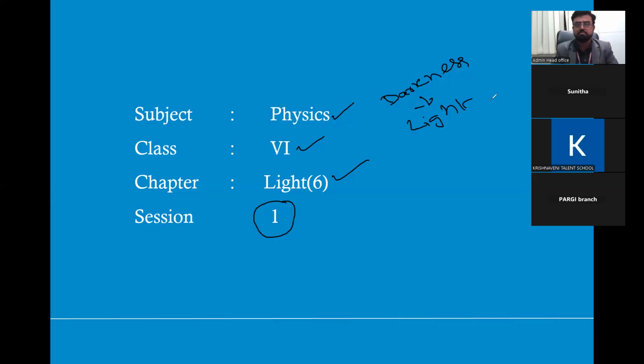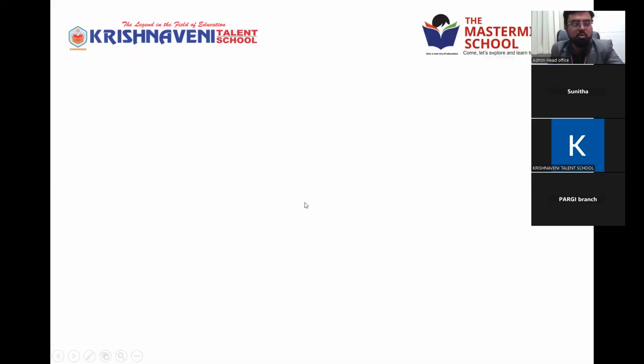Of course, when you go to the higher classes, 7th, 8th, 9th, 10th, you will learn more properties of light and their applications in our day-to-day life. We'll discuss those in the higher classes. But right now, as part of class 6th, we are going to discuss some basic concepts of light, right?